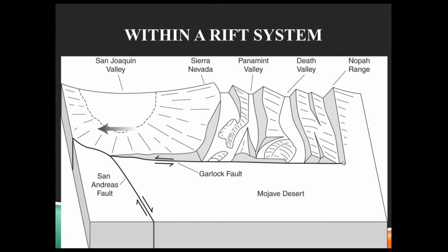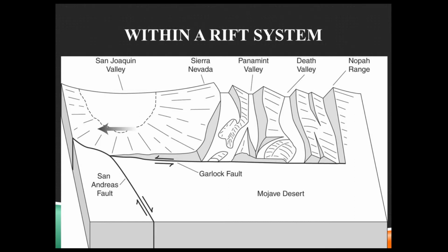along the southern edge is a big strike-slip fault. This one is not a transform fault. This one, yes, one end of it ends at another fault. The eastern end dies out. This is a transcurrent fault. The Garlock fault is a transcurrent fault.